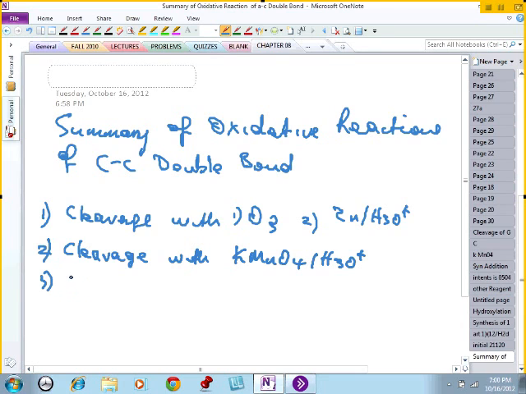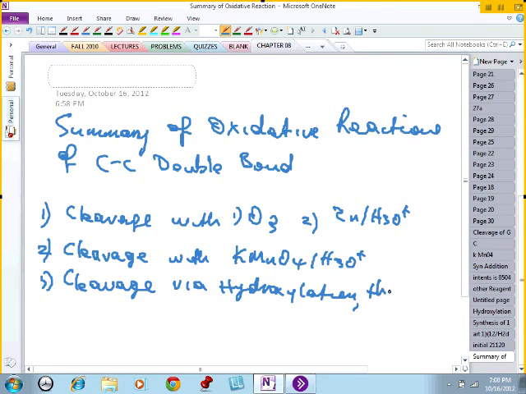Three, cleavage via hydroxylation, then periodic acid oxidation.